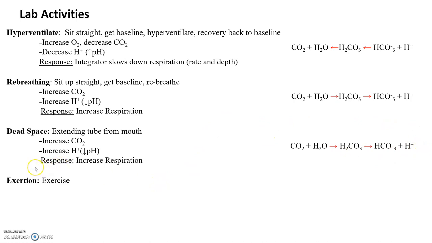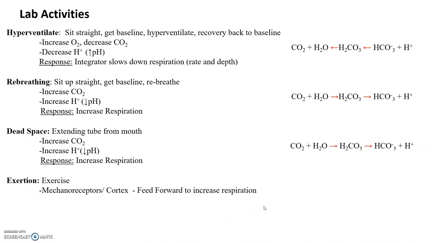And then the last thing that we'll be collecting data from is exertion, or what we call exercise. So we'll be measuring the effect of exercise. And in this case, we've got a slightly different mechanism in place. It's not the negative feedback mechanism that regulates these other situations. In this case, it's a feed-forward mechanism.